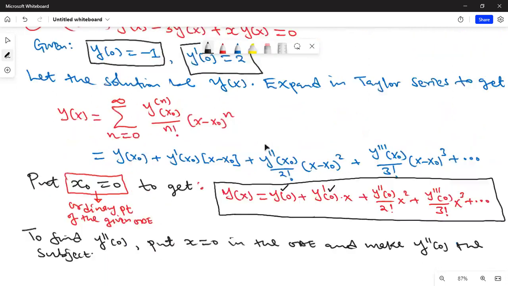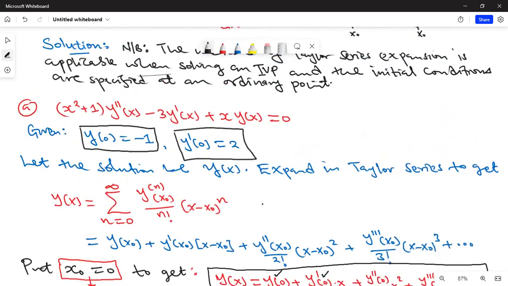Look at our ODE in prime notation. It is this one. Everywhere you see x, I'm going to use 0. So what will we have?